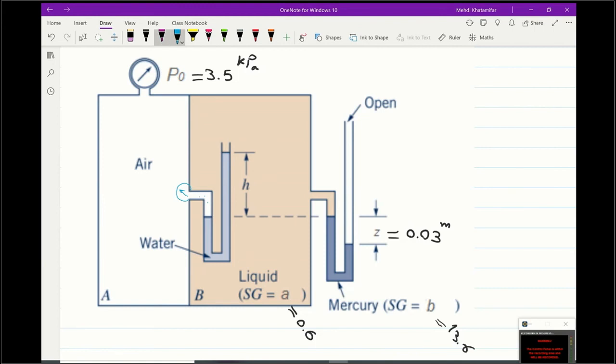Now let's use the Jena method. We are going to call it the Jena method. So this part is okay. Let's go down, horizontal, up. I'm going to go vertical inside this liquid, the orange one, and I need to reach the other pipe, so I'm going to go horizontal, come down, this one and this one.